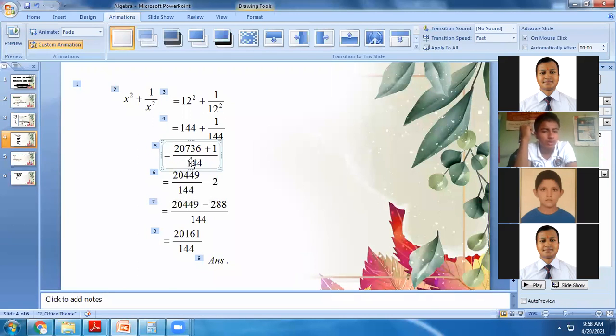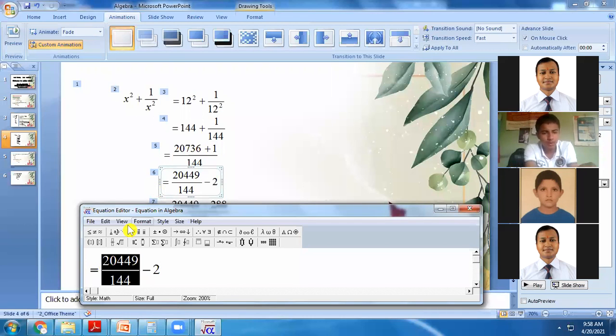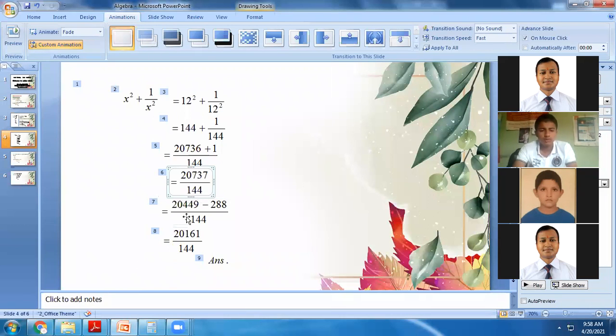This is the next step. And after adding it, what do we get? Numerator 20,737 divided by 144. So maybe we made a mistake somewhere while calculating. Otherwise, the answer of both methods will be the same.